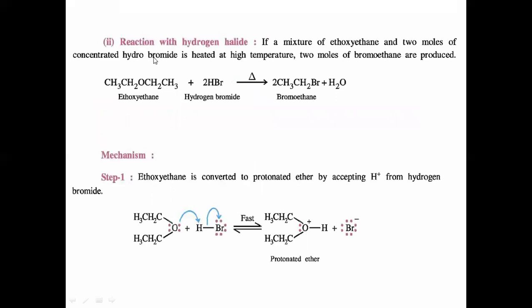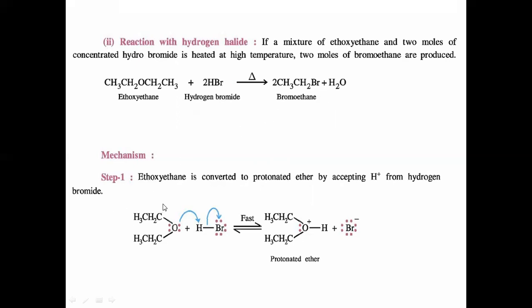The reaction with hydrogen halide. In this reaction, if a mixture of ethoxyethane and 2 moles of concentrated hydrogen bromide is heated at a high temperature, 2 moles of bromoethane are produced. That is CH3CH2OCH2CH3 plus HBr gives CH3CH2Br plus H2O.